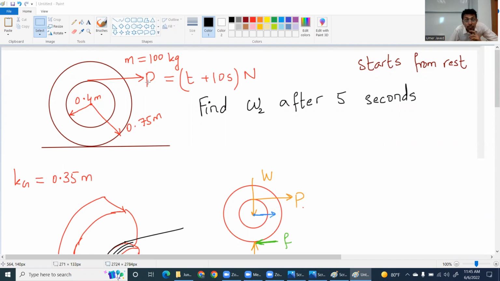The question says that if a horizontal load is being applied, T plus 10s, where N is newtons, s is seconds, and mass is 100 kilograms, you have to find omega 2 after 5 seconds. T is the time. So eventually when you go through the steps, you have to figure out this after 5 seconds.